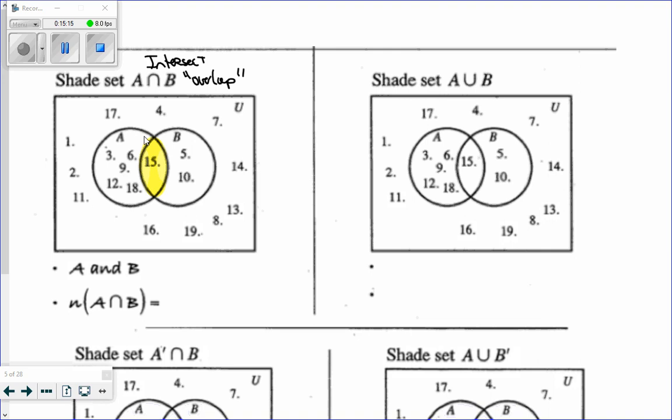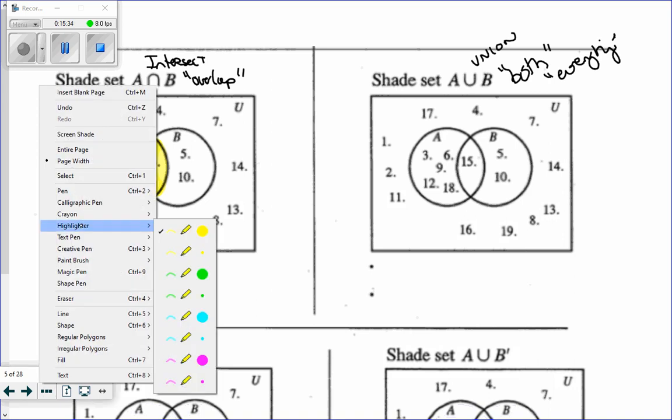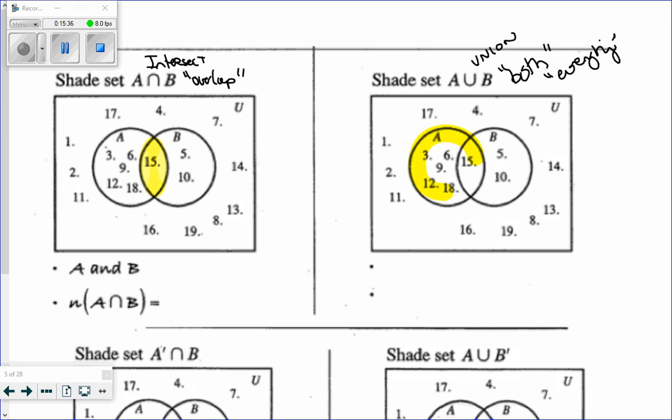What does this mean? It means union. So it means either both, or you can think of it as everything. Now, when I say everything, do you understand that just means everything in the circles, not everything in the rectangle? So both circles, including the overlap.